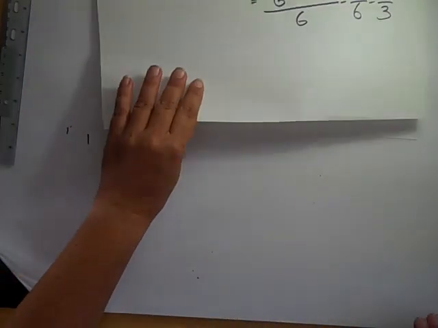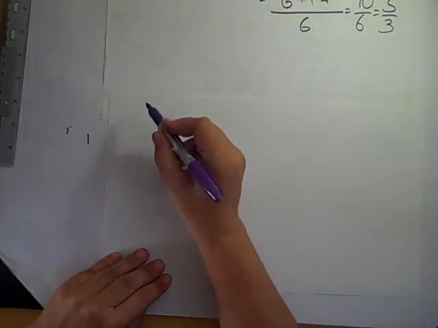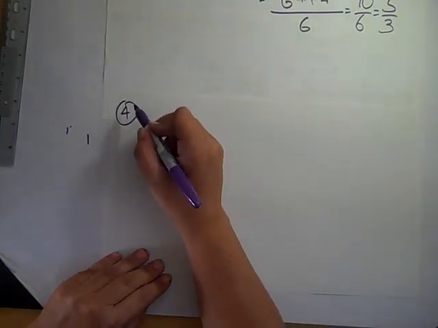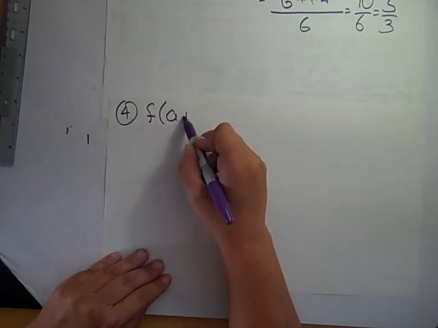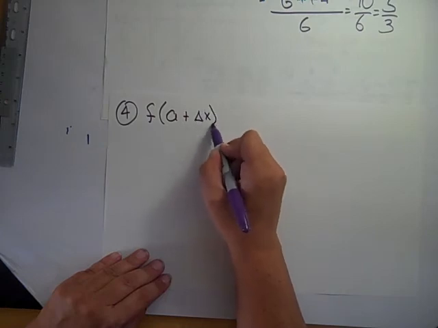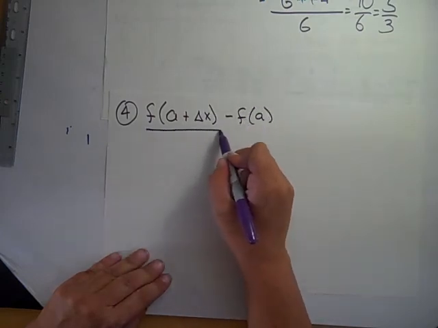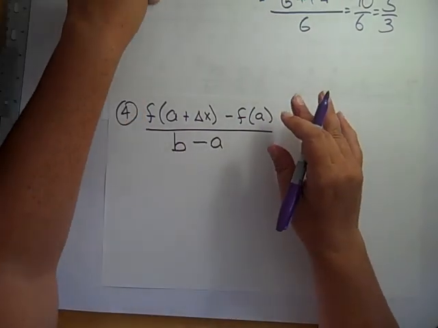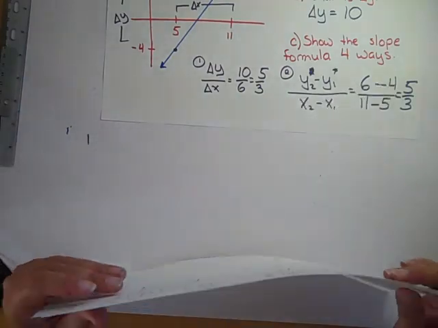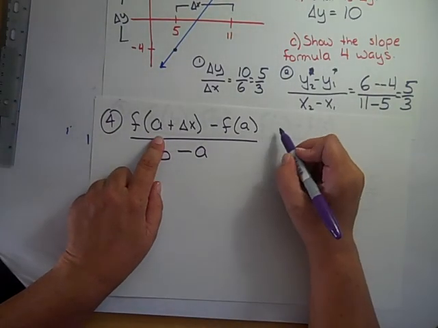And a fourth way would be f of a plus delta x minus f of a over b minus a. Let's look at this graph. What is a plus delta x?